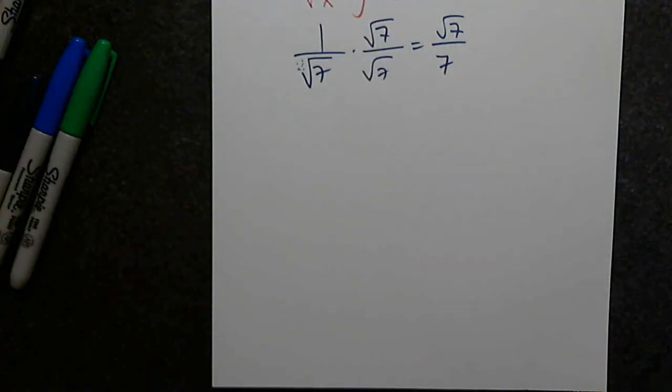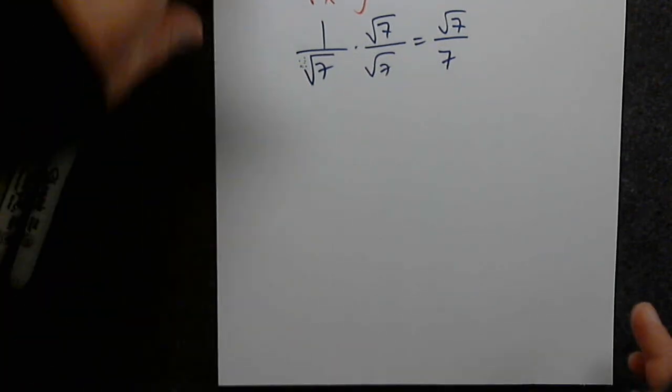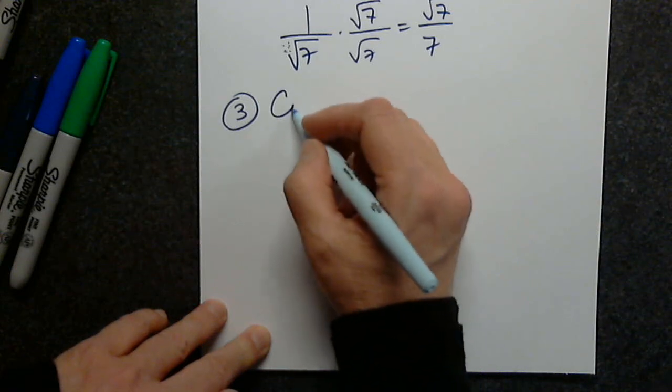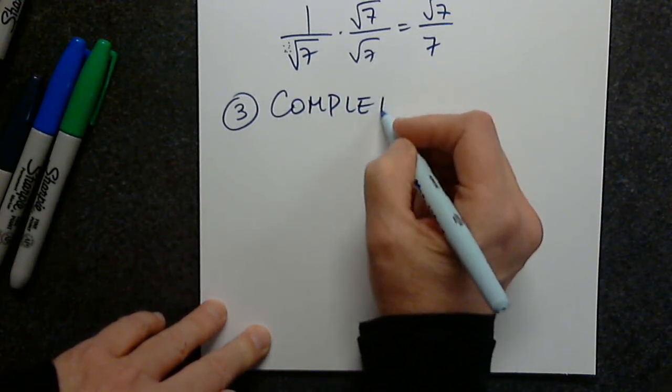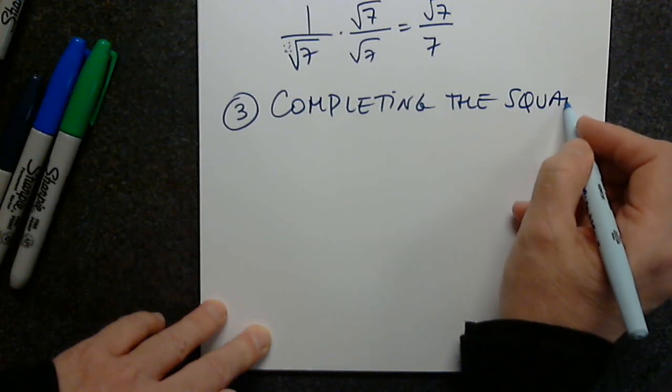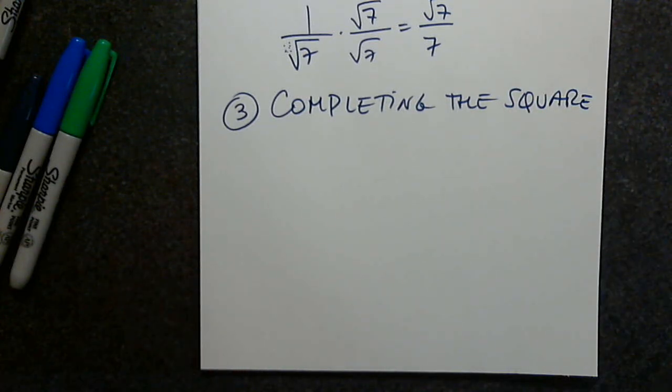Now the third one is called completing the square. And the question is why? And the answer is really not useful here. It's useful for something else we are going to look at later.